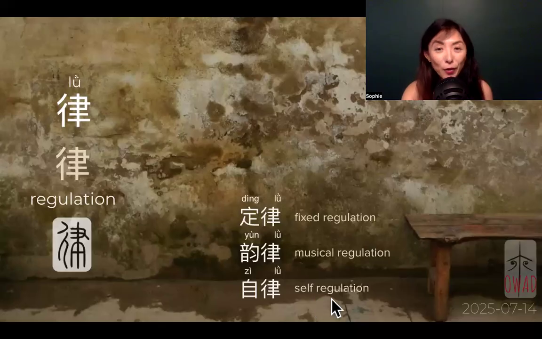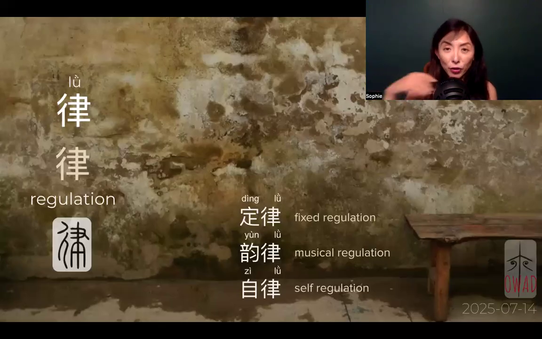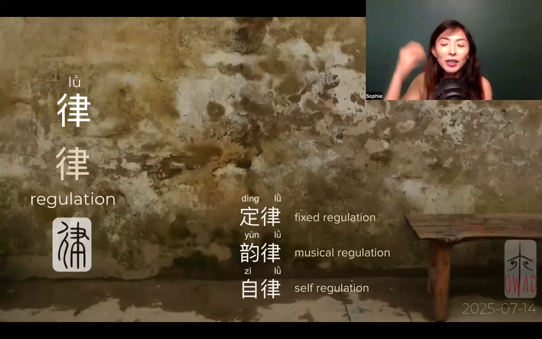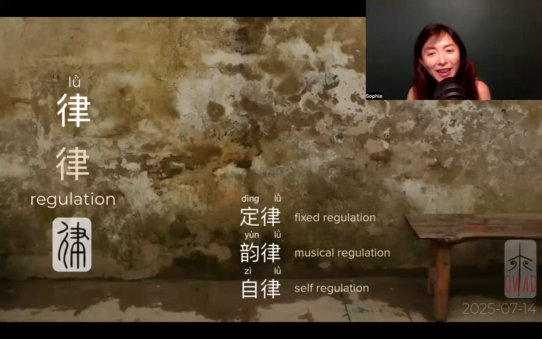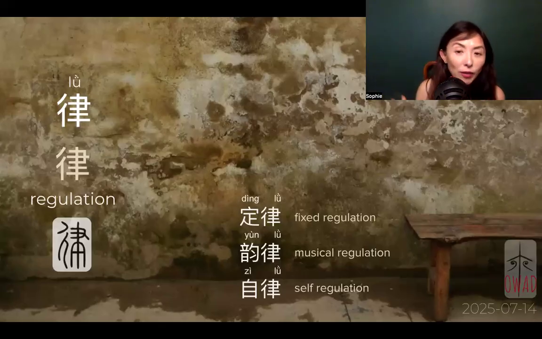All right, 自律, self-regulation. This is self-explanatory, right? Chinese recognize 律, regulation, even as it's about governing, about central government spreading the whole standard through the nation. But if you regulate yourself, that means one person governs yourself. That applies the same thinking. Because regulation is pre-written rules, almost like a New Year resolution.